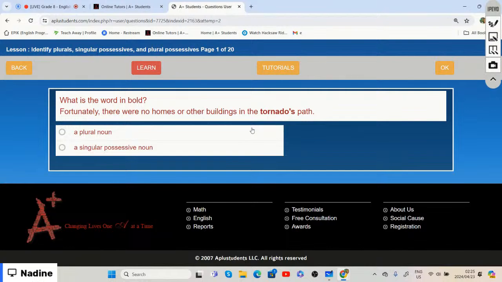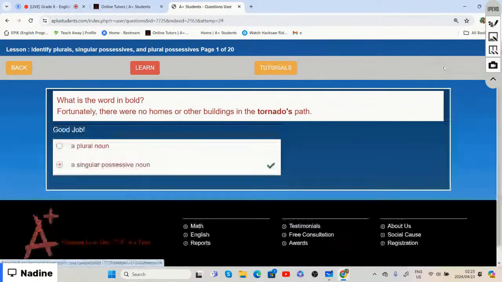So if we say, fortunately, there were no homes or other buildings in the tornado's path, which means that when the tornado came, the tornado's path, it did not affect any homes or buildings. So we will say it's a singular possessive noun.